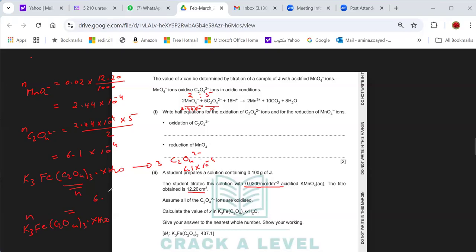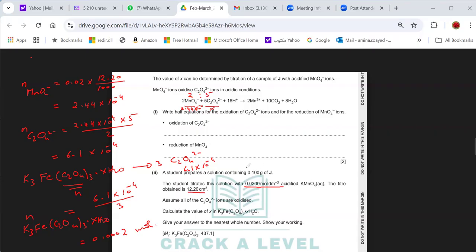So it's 6.1 times 10 to the power minus 4 divided by 3. And so we get 0.0002 moles. So this is the number of moles.